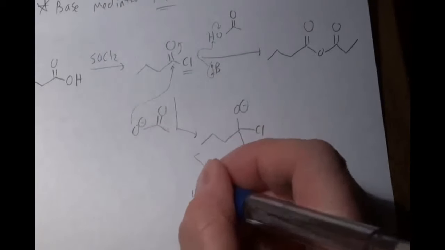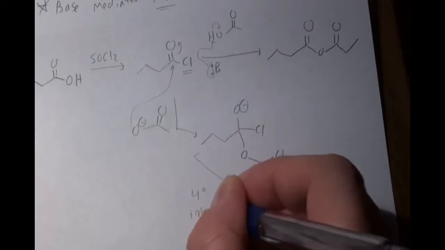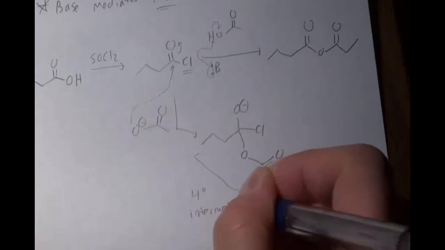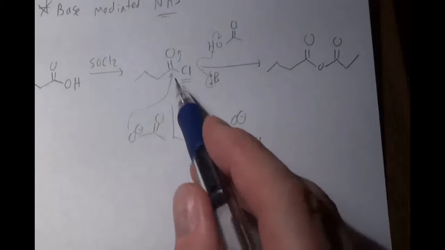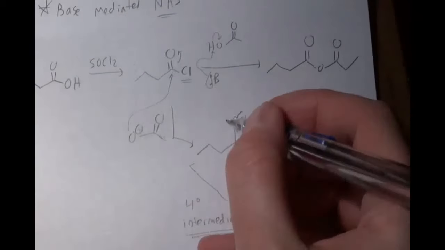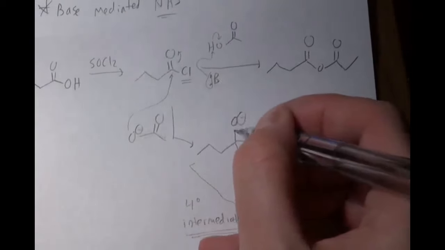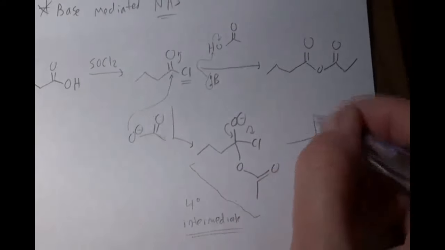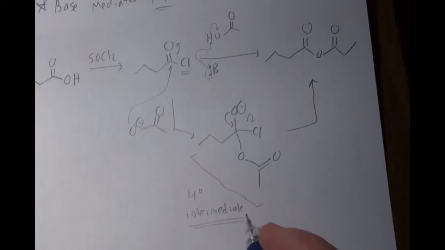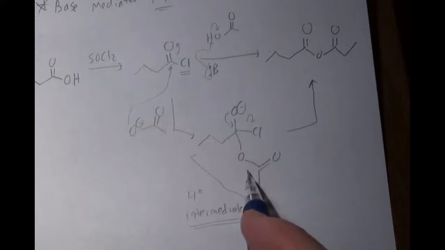I forgot we should probably mention this. This is called a tetrahedral intermediate. We're going to see this over and over, how basically electrons go up and then electrons either immediately or in the next step go down, kick off a leaving group, and we're done. We're going to see this kind of intermediate over and over in this chapter.